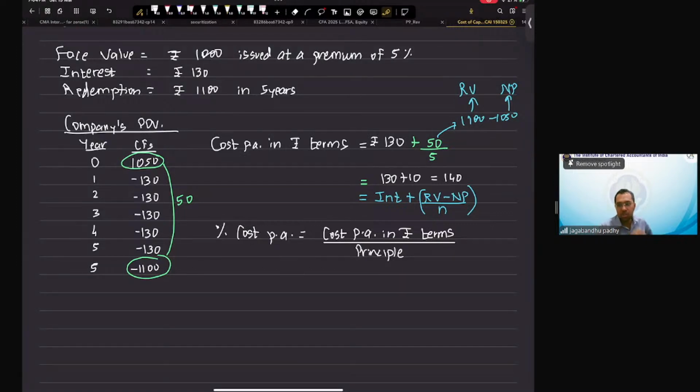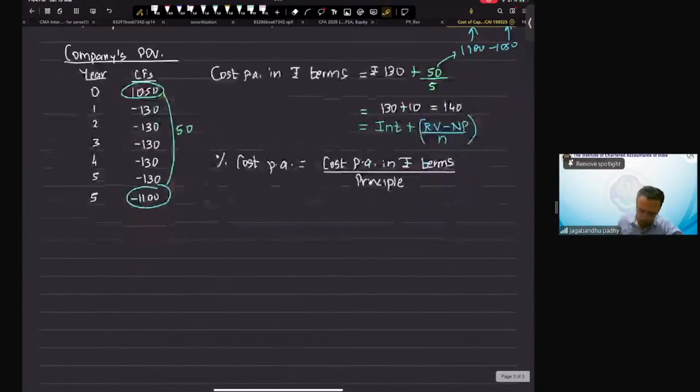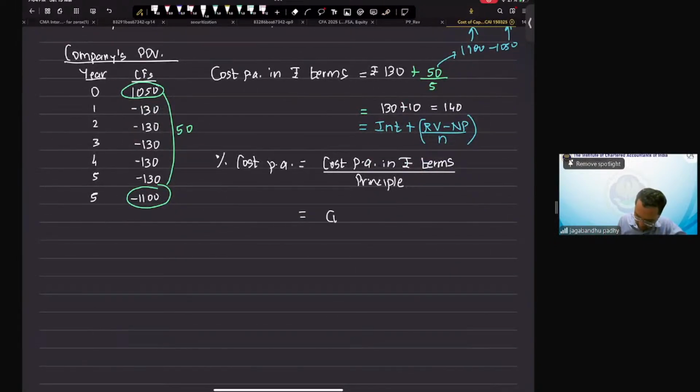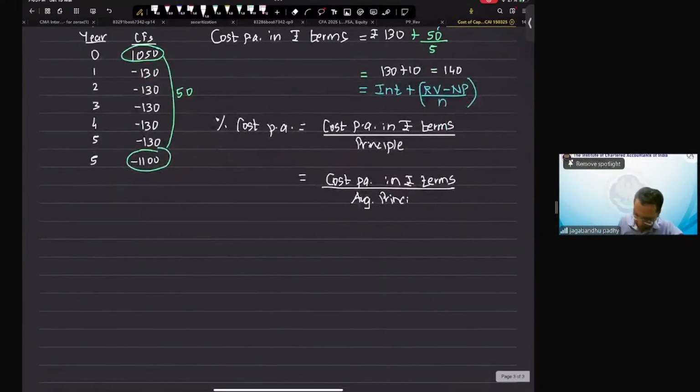So 1050 is also correct, 1100 is also correct. But if you take the average of both, that will be the best one, right? So this is cost per annum in rupee terms upon average principal.